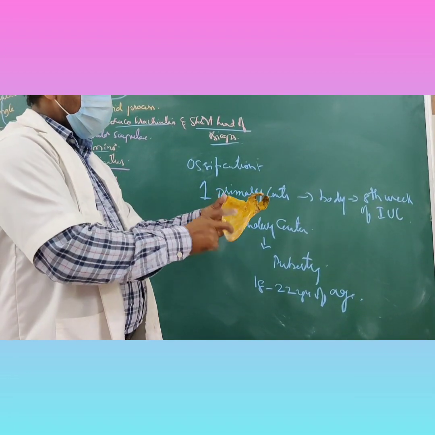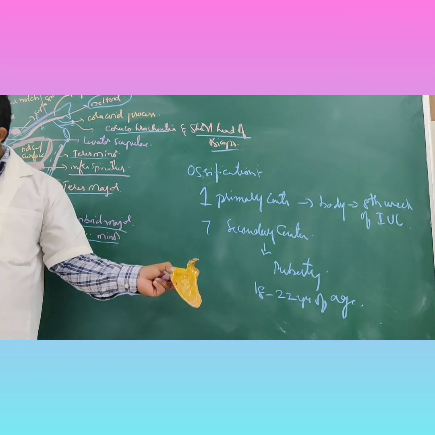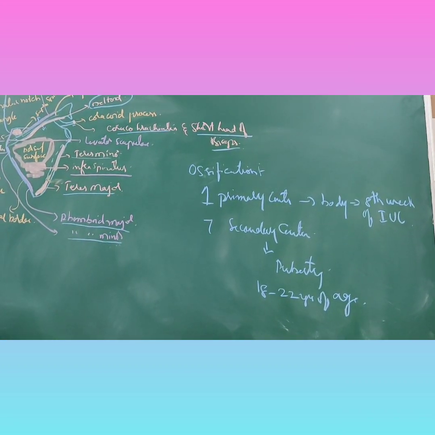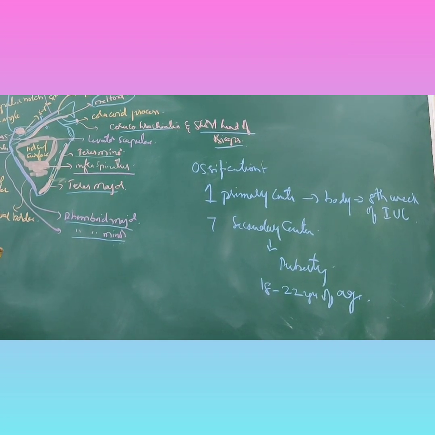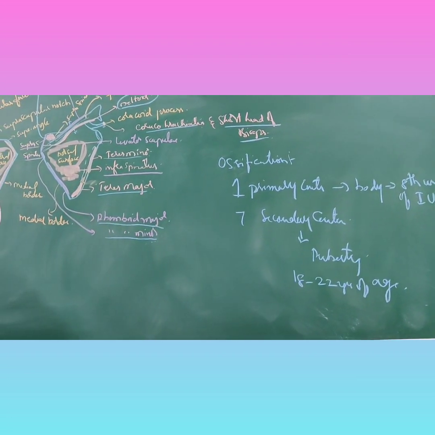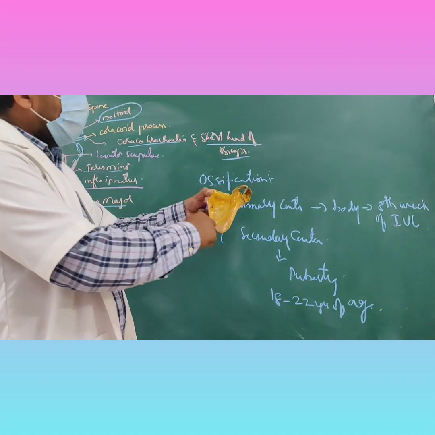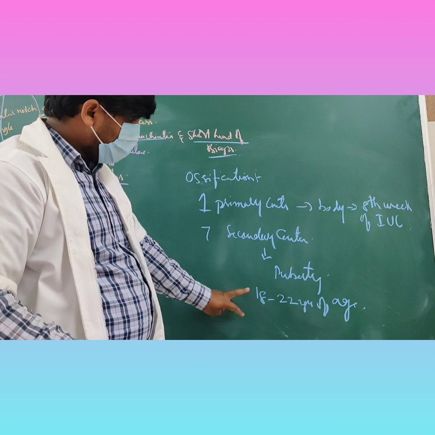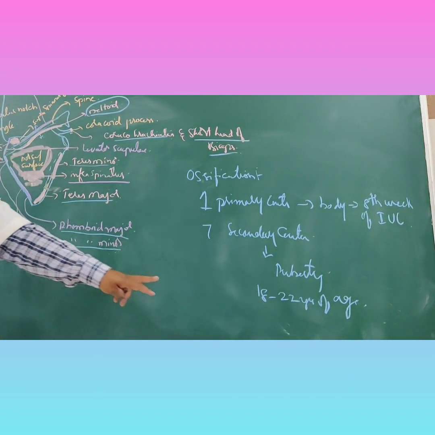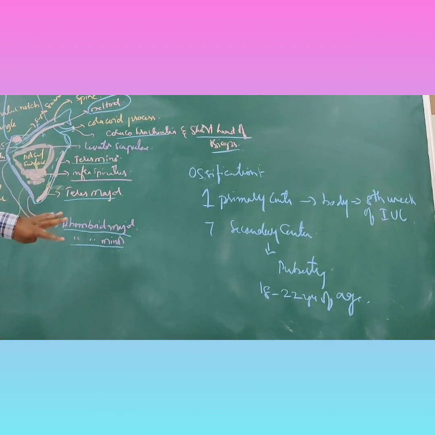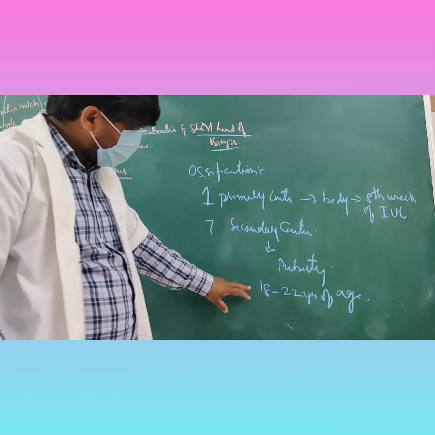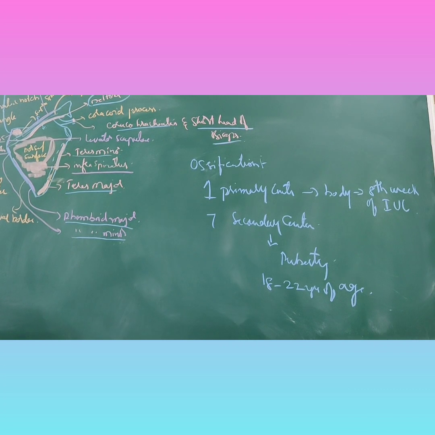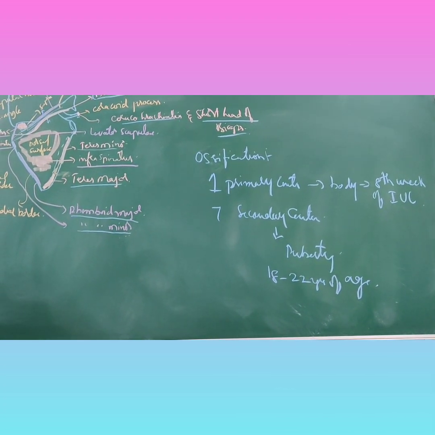The secondary ossification centers appear at the age of puberty, at the glenoid, the acromion, and the coracoid. All the secondary centers appear at puberty, and all the ossification is completed by the age of 18 to 22 years.